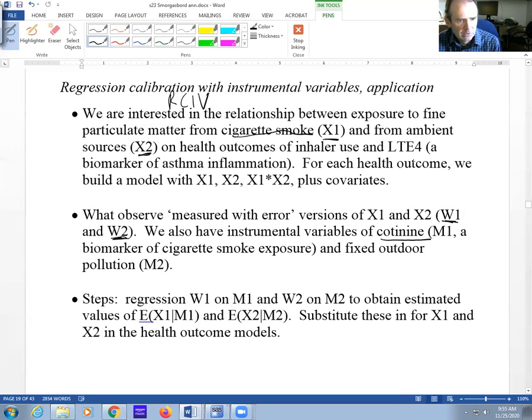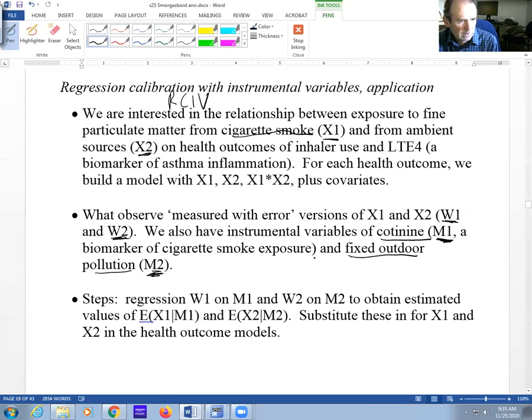And then we use a fixed outdoor monitor for the other instrumental variable. So M1 is going to be an instrumental variable for cigarette smoke exposure. M2 is going to be an instrumental variable for exposure to outdoor air pollution.